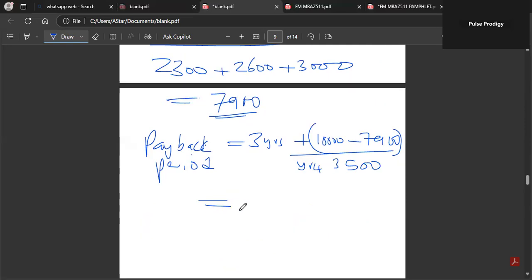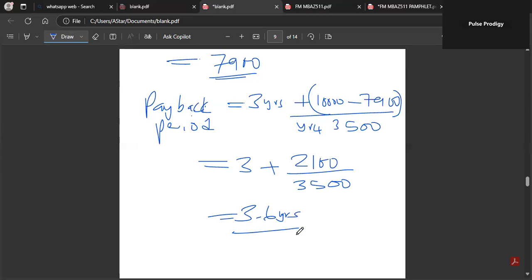So it will be 3 plus 2,100 divided by 3,500, which gives us 3.6 years.